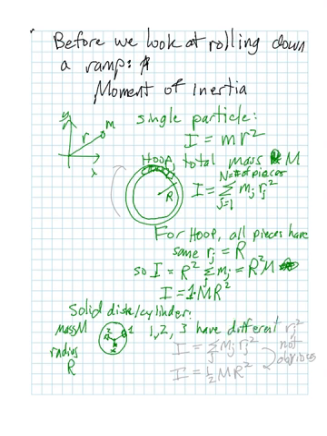So like we did up above, the moment of inertia is the sum over all of the pieces, the mass of each piece times the r sub j squared of each piece.